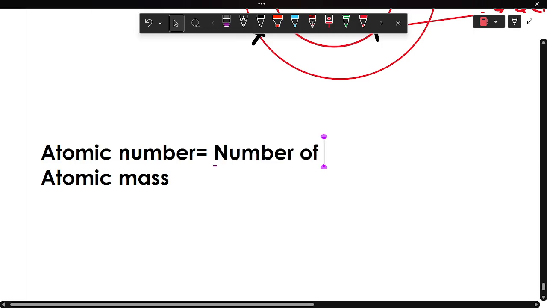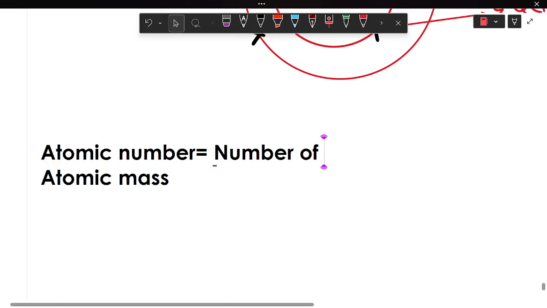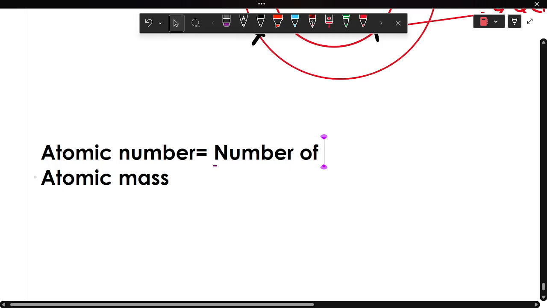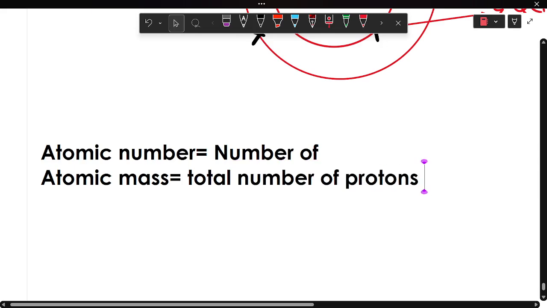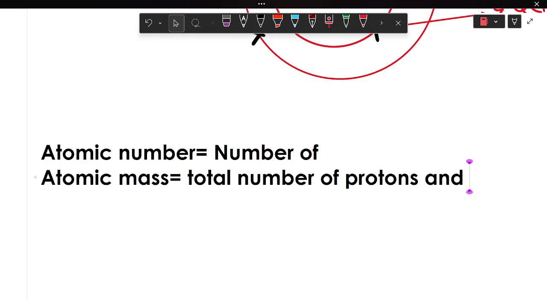Number of protons. Right. What about atomic mass? Atomic mass is the total number of protons and neutrons. So normally atomic mass is bigger than atomic number, right? Yes.